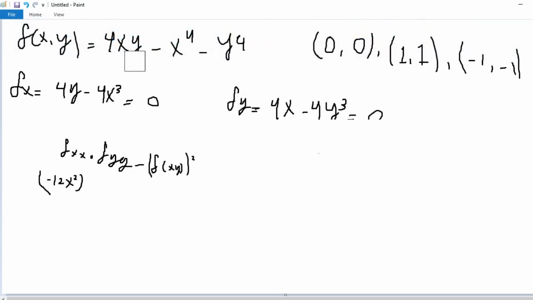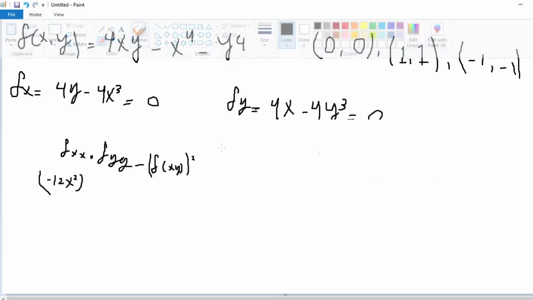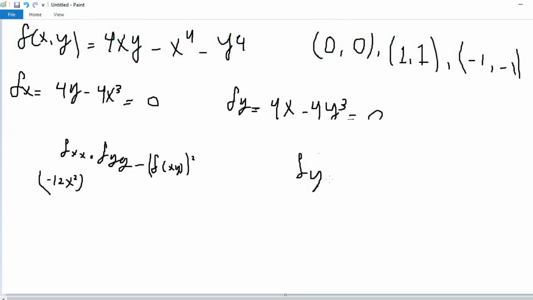Okay, so let's find f double y. F double y is going to be equal to 0, and then negative 3 times 4 is 12, then y to the 3 minus 1 is 2. So then times negative 12 y squared, and then minus.